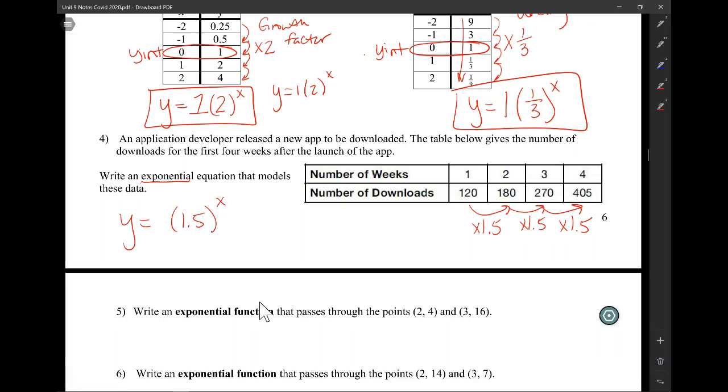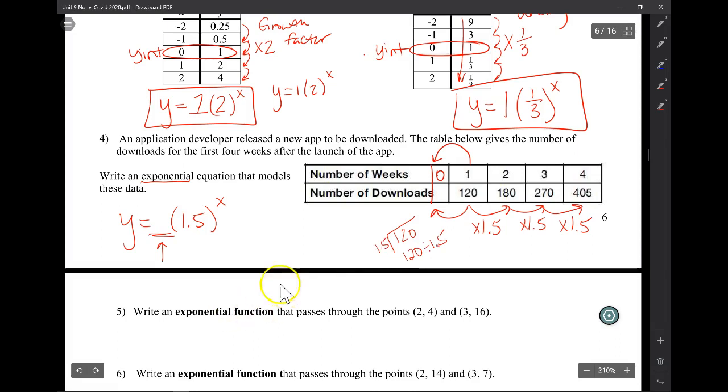But for us to be able to figure out our y-intercept, the number that goes in this spot, I need to know my y-intercept, which is in week 0. So that means I need to work backwards and figure out what number came before 120. So to figure that out, I actually am going to do 120 divided by 1.5 in my calculator.